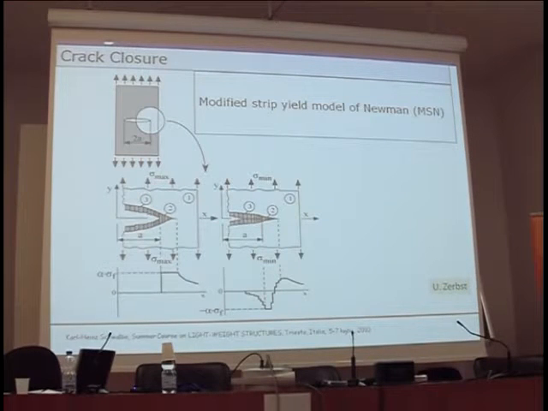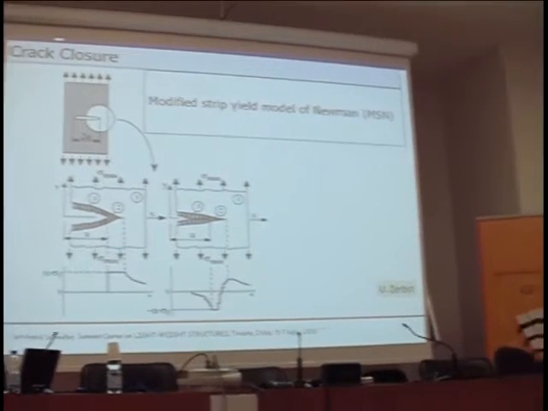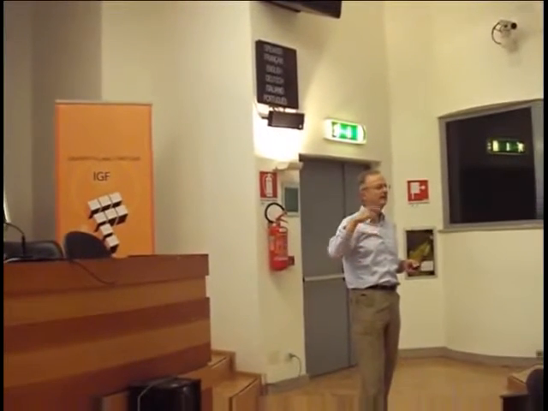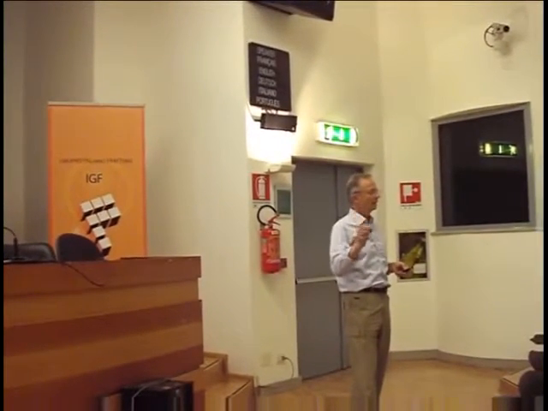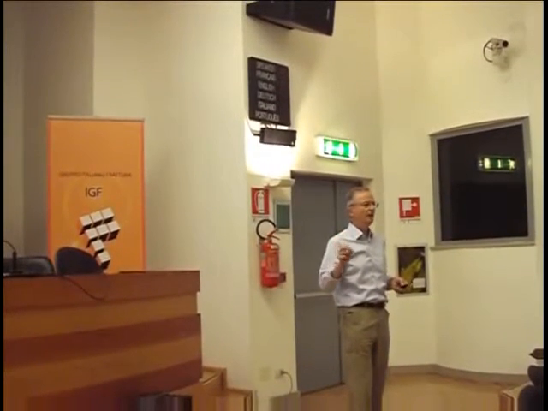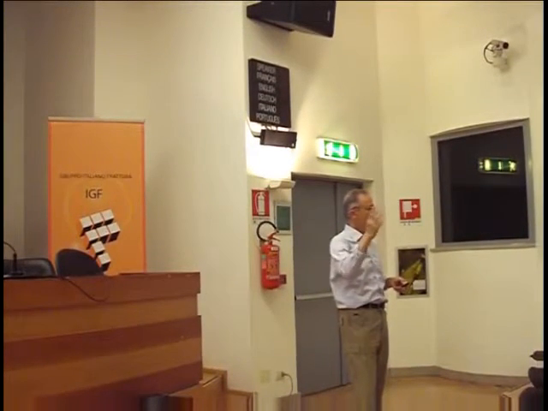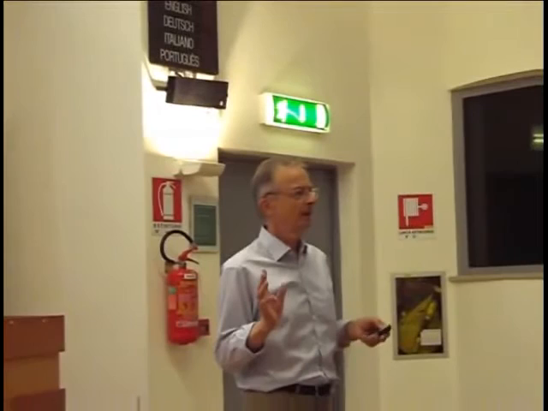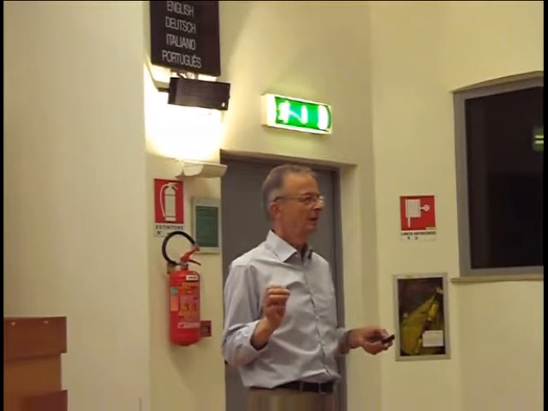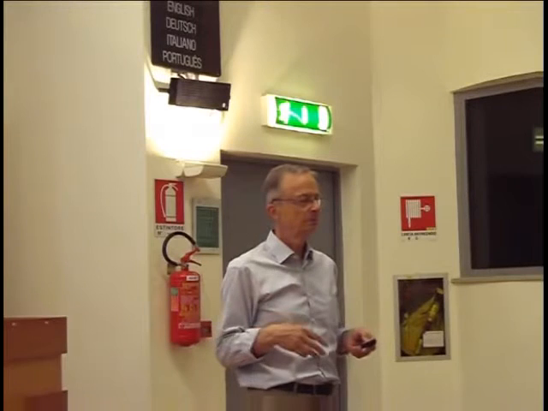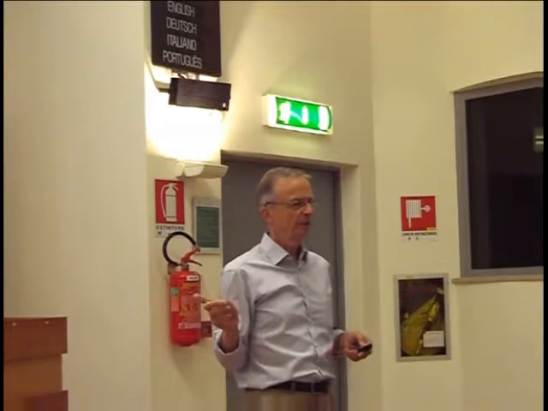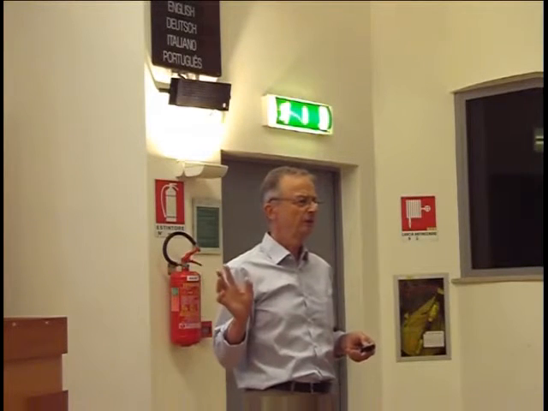He's able to follow cycle by cycle or block by block the crack closure behavior, and hence he is able to predict crack propagation with high accuracy under any kind of variable loading. This is really the final goal people have dreamed about for more than 100 years. And he has got it, and the program is available. I'm not quite sure, but I believe it's even free.